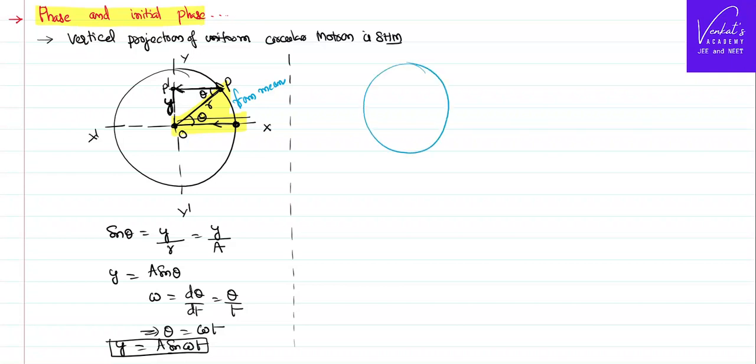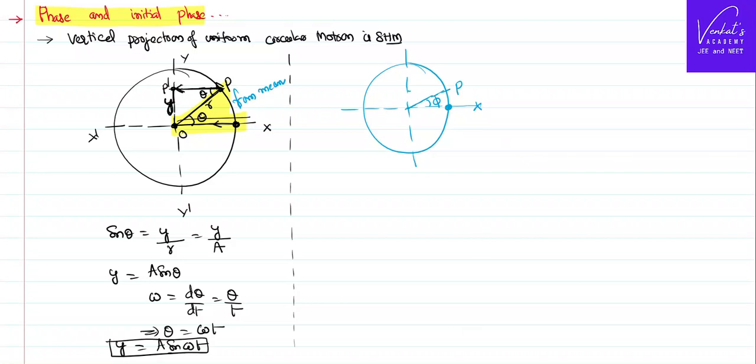That's the point of today's lesson. It has not started from here, but initially it already has a certain angle. Let me show you with an angle phi. It is not at x, but it started from another point, say P. From here, the oscillatory motion has started.